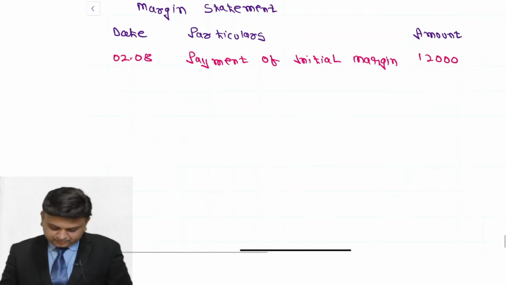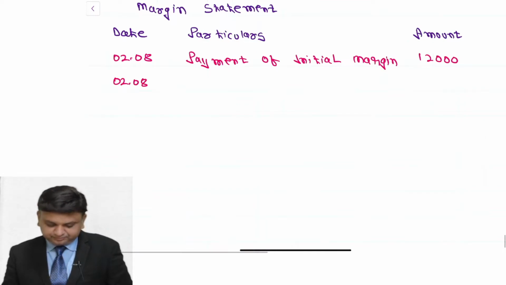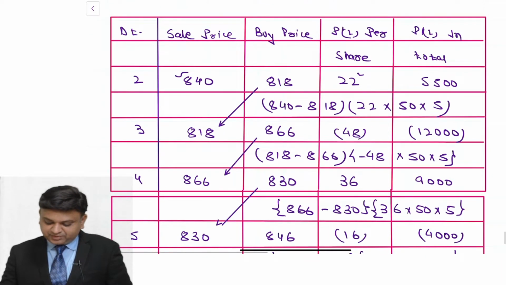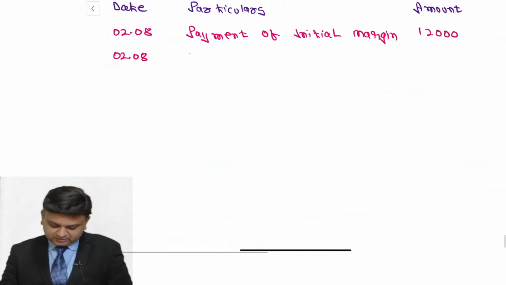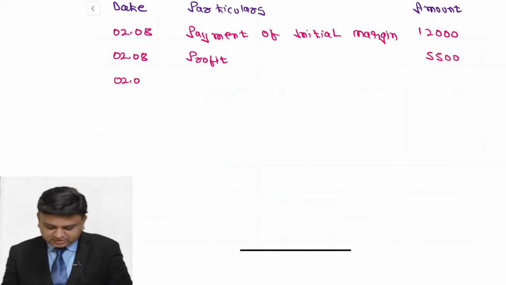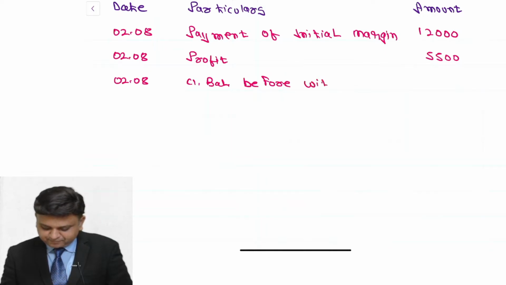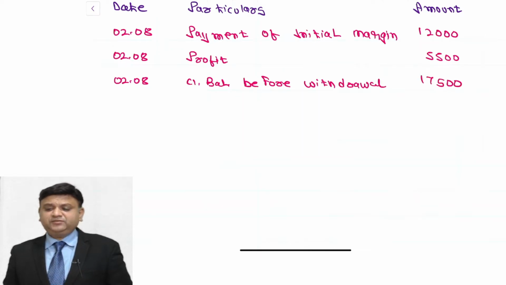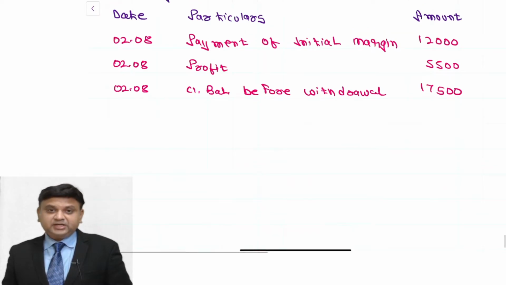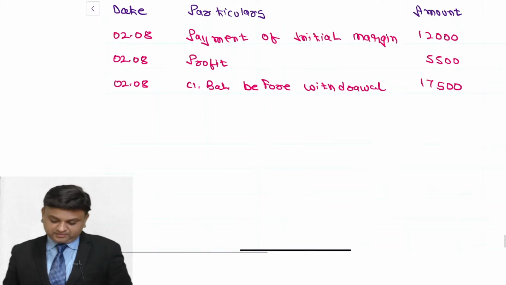On 2nd of August, we can see that there is a profit of rupees 5,500. So on 2nd of August, closing balance before withdrawal is 17,500. The question provides the information that whenever the trader is allowed to withdraw, he withdraws.